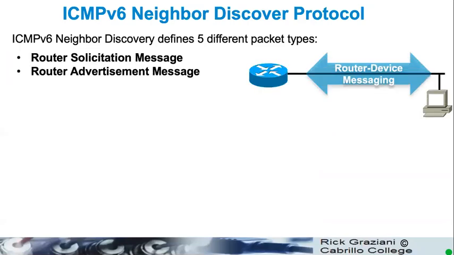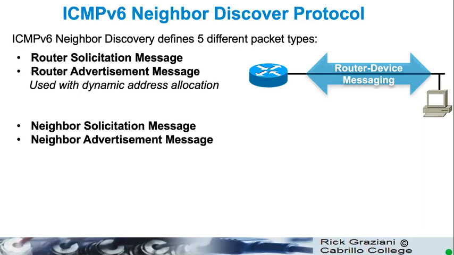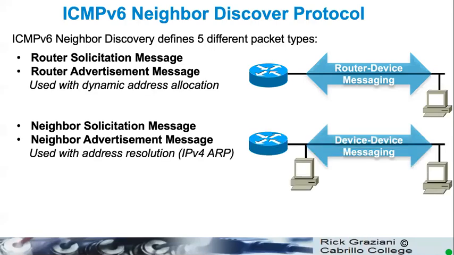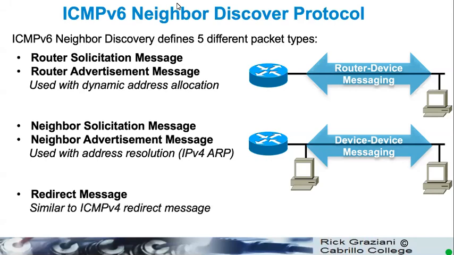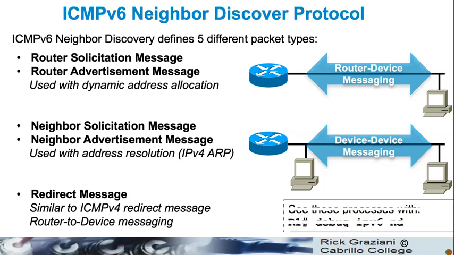But ICMPv6 neighbor discovery has 5 different packet types: router solicitation, router advertisement, which is used for dynamic address allocation, neighbor solicitation messages, and neighbor advertisement messages, which is used for address resolution, and a redirect message, which is similar to the redirect message in IPv4. We'll be looking at these in more detail in the videos that follow.